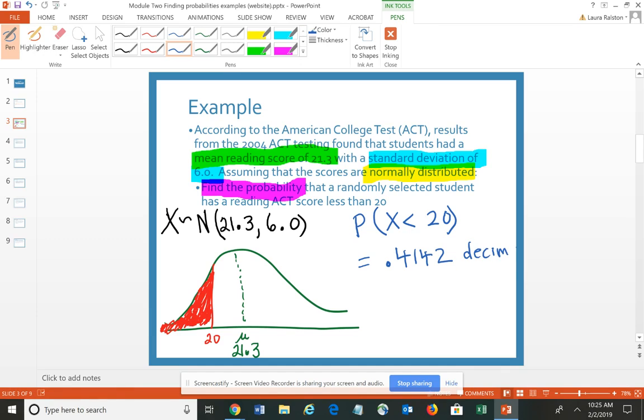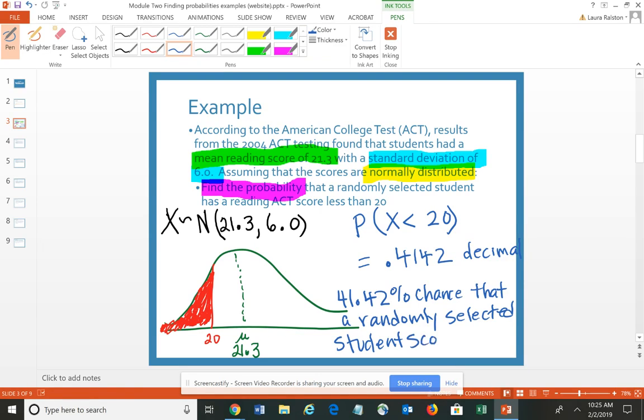If you want it as a percentage, we would multiply that decimal by 100, so it would be 41.42% chance that a randomly selected student scored less than 20 on the reading portion of the ACT.